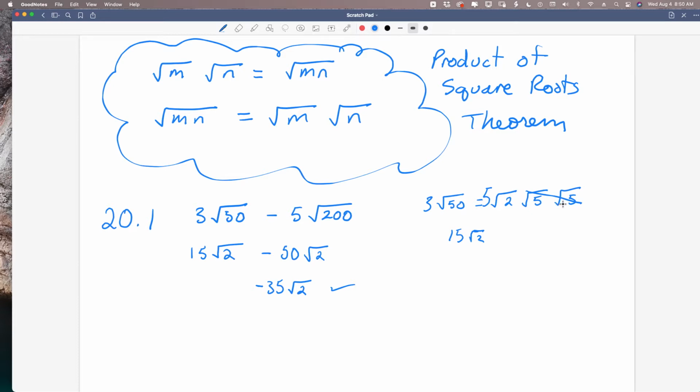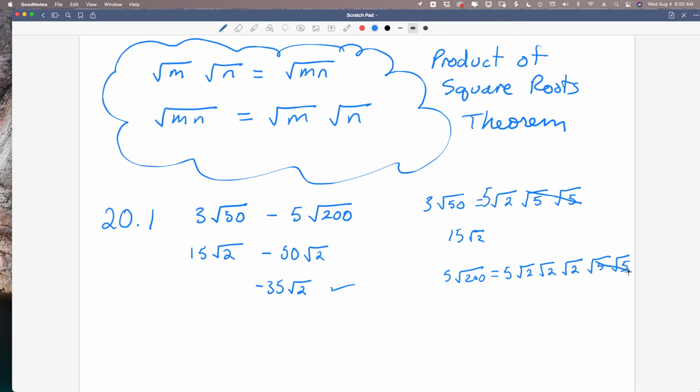Sometimes it helps to visualize the square root symbols. So if that is what helps you, then you can do that. And again, with 5 times the square root of 200, we'll visualize that for you. We have 5. And then we had the square root of 2 times, and then we had 100, which was 2 times 50. And then we had 50, which was 2 times 25, and 25, which was 5 times 5.